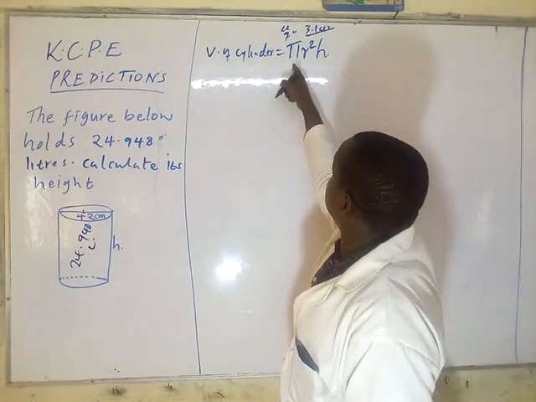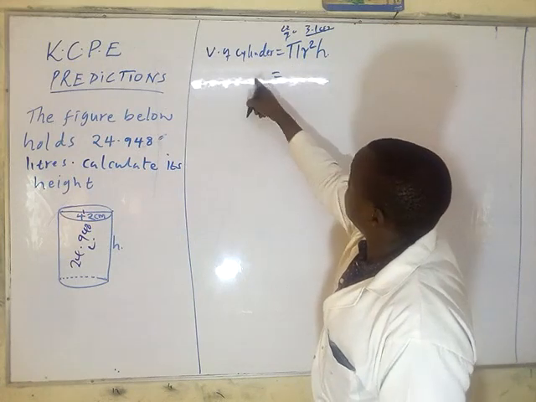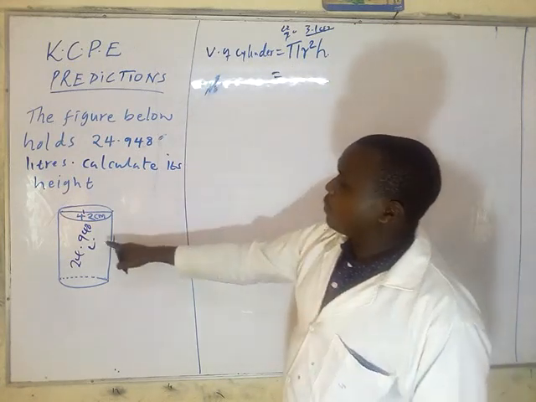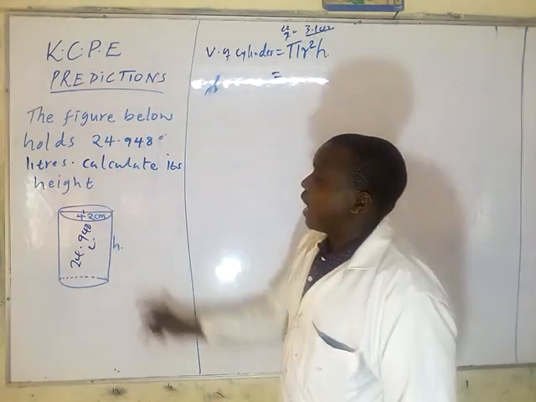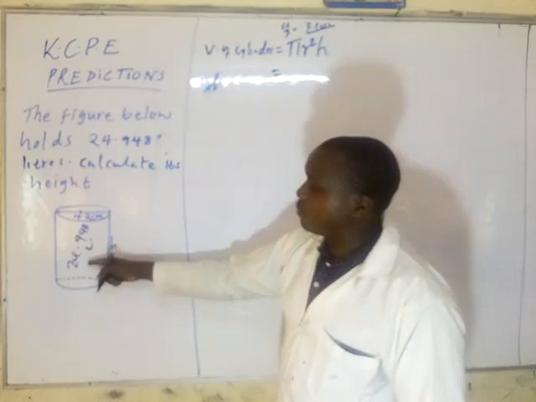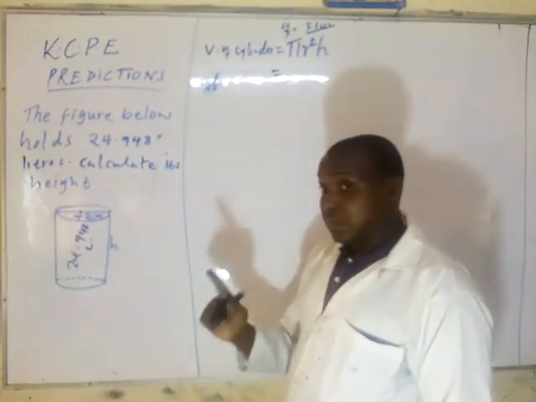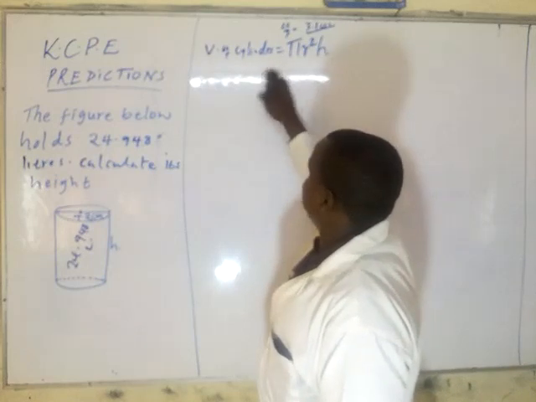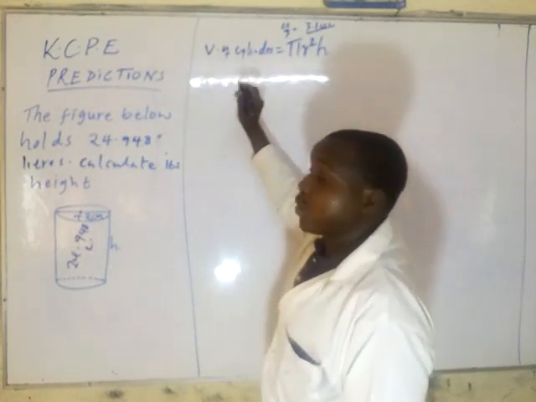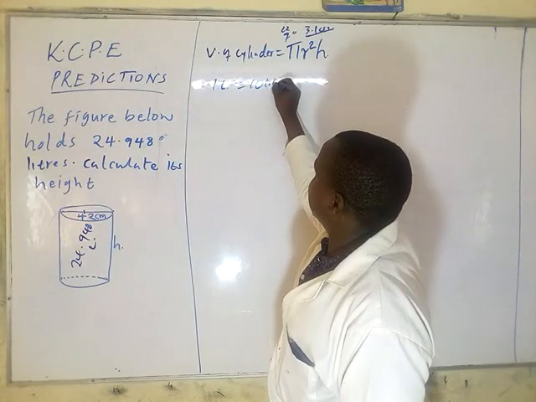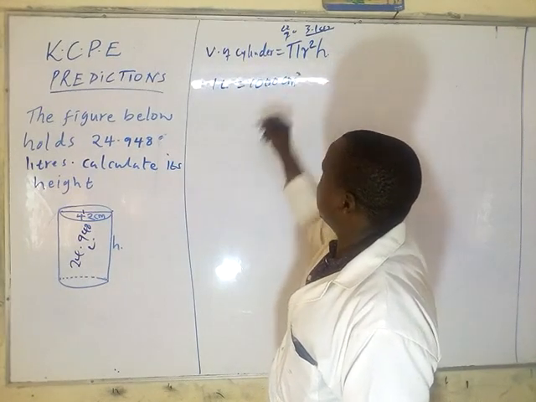Therefore, the volume now using the formula. First, remember the volume has been given in liters and our diameter is given in centimeters. So let us convert the volume from liters into centimeters cubed first. As a class 8 learner, you should know that 1 liter is equal to 1,000 centimeters cubed.